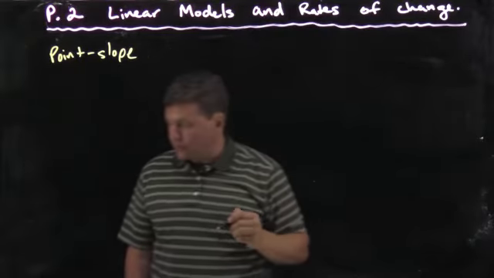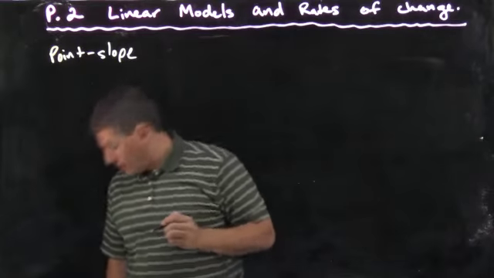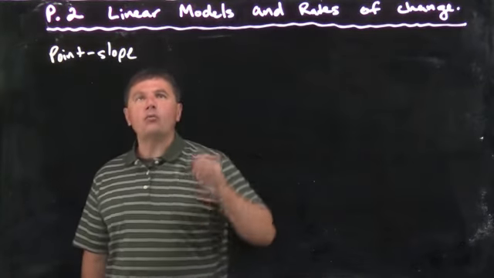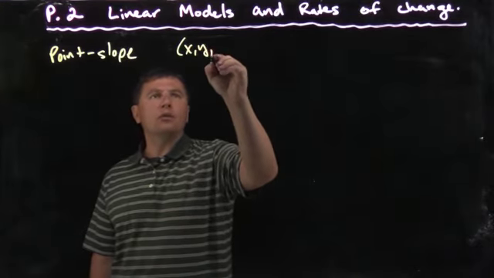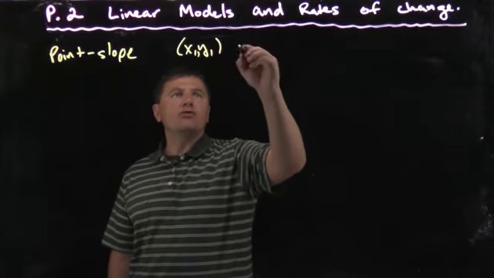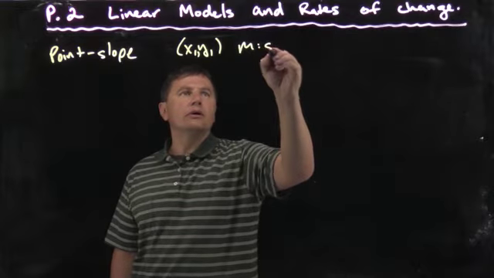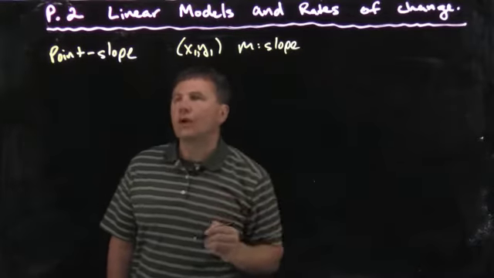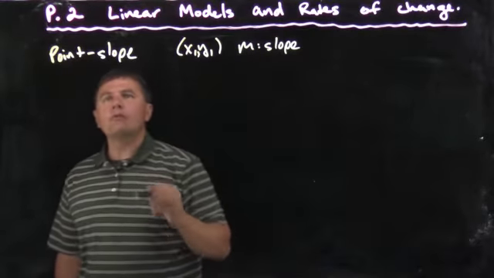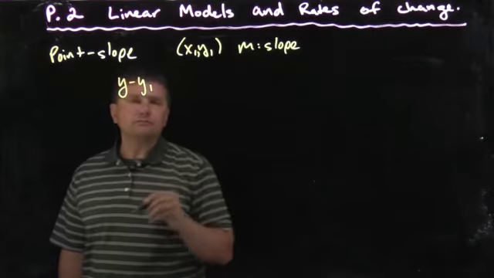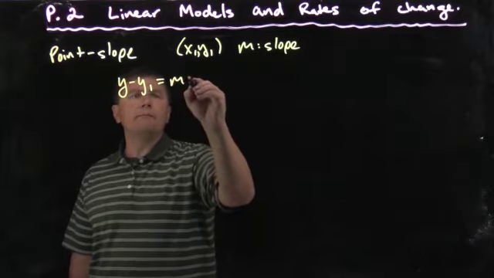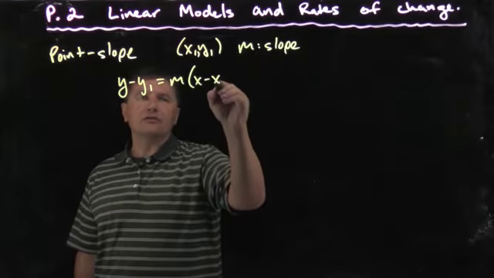I'll just say it typically is because we have a point and we have a slope. So the point would be x1, y1, and then of course m would be the slope.